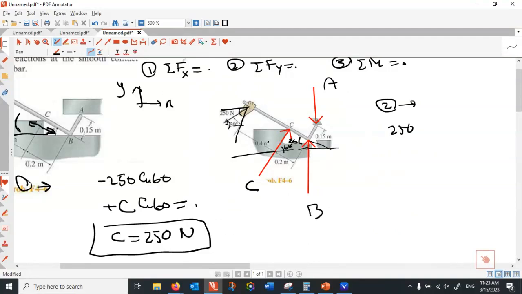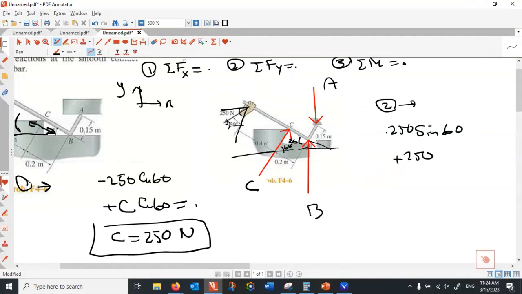That is 250, vertical projection is sine 60, and then C projected vertical, that is plus 250.